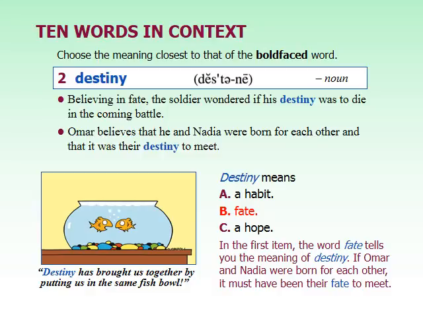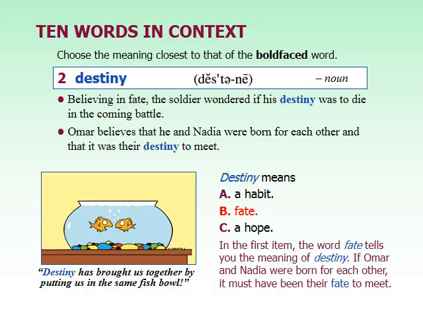So when we talk about destiny, it means something that you couldn't avoid happening in your life. If we say that something was your destiny, it means that it was always written that this is what was going to happen to you. So in the first one, the soldier wondered if it was his destiny to die.